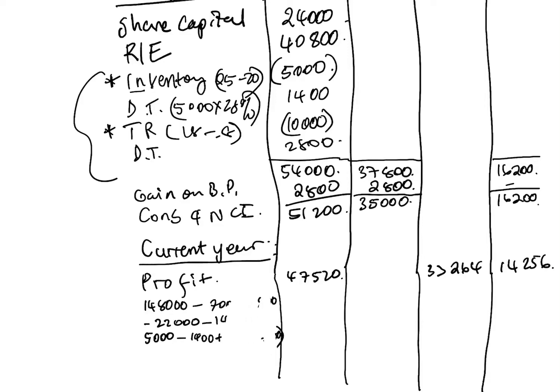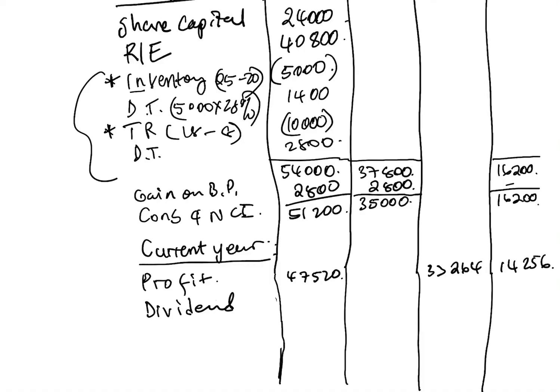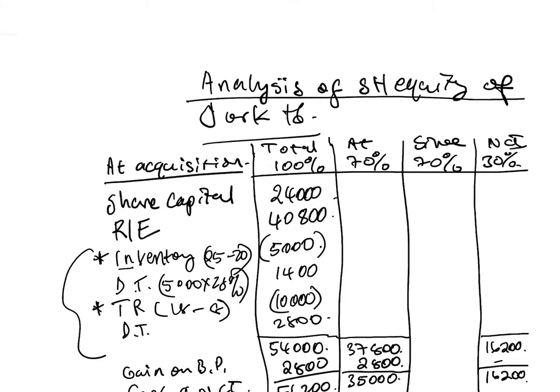I will remove this for space. Then we look at something else: the dividend. How much dividend was paid? The dividends paid, ordinary, 9,000. So I'm going to subtract 9,000, multiplied by the percentage, 70 and 30.